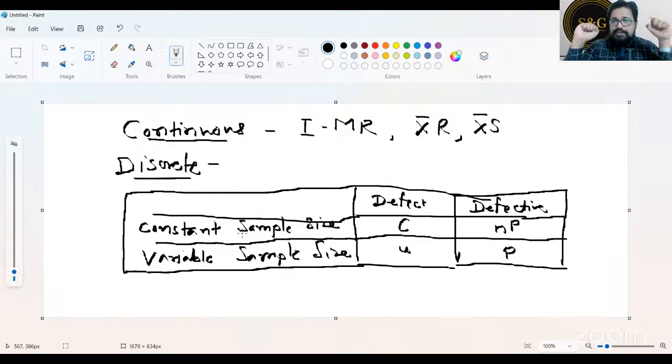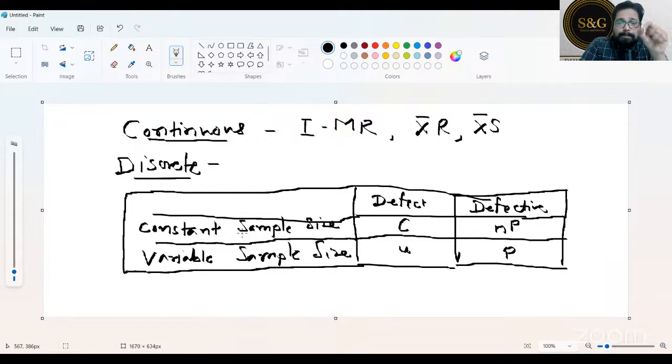For example, there could be a stain on the shirt, buttons missing, or improper stitching. Let's say these are the 3 defects. If I collect the data on these defects, in one shirt I'm counting the number of defects. Understand this.